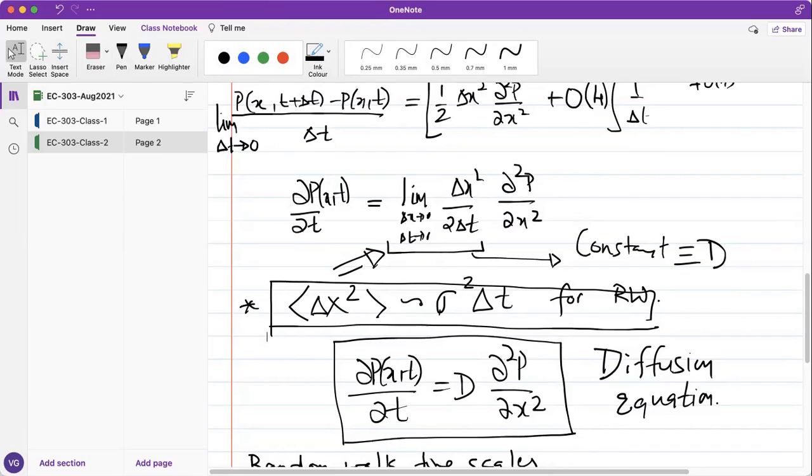I can actually send that. It's very beautiful. I can just scan those or take pictures and send them, exactly the steps that he follows. He doesn't assume delta x to be constant. It doesn't have to be constant at all. I think he assumes that for a given delta t, there is some distribution of the jumps.